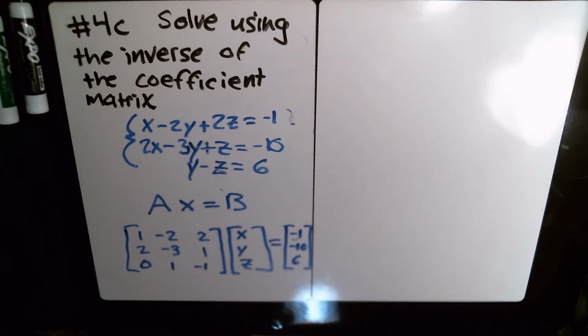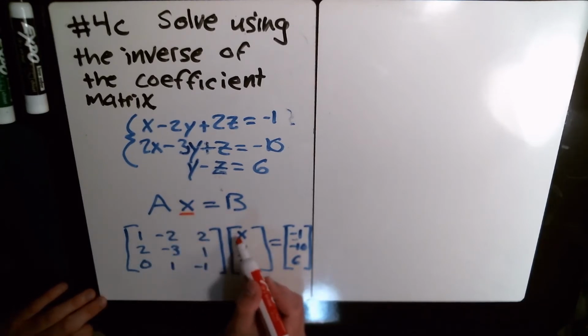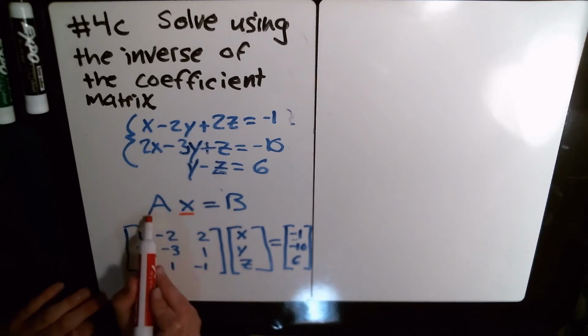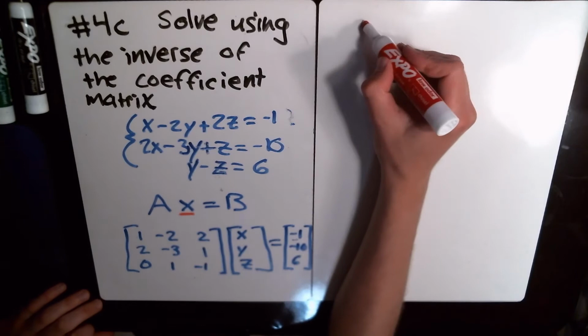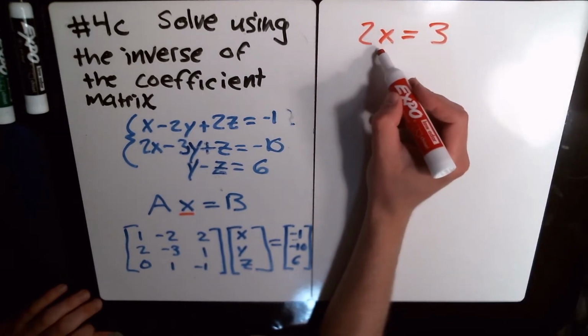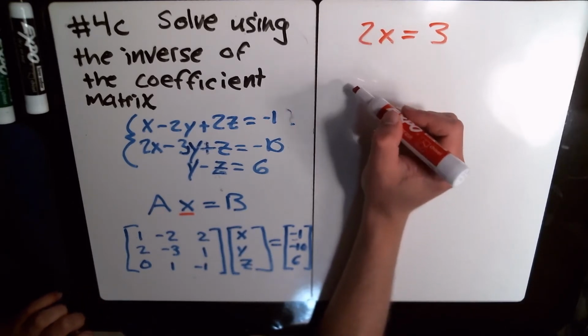And so this is another way that you can write this system of equations. And what's helpful about this way is that I'm trying to find what x, y, and z are, okay? What that matrix will equal. So what I can do is, if it's kind of like a linear equation here, if I had 2x is equal to 3, how do I solve for x? Well, I divide by 2 on both sides.